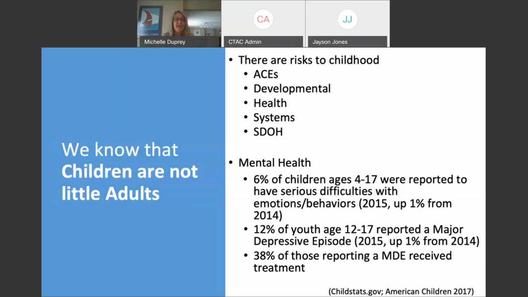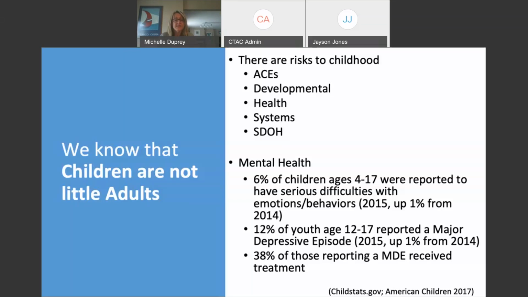A lot of times you think pediatrics and you're thinking of the 3, 4, 5, 6-year-old, but the youth in our communities have special developmental needs that need to be addressed in healthcare: sexual health, smoking, eating disorders, drinking. These are all aspects of health that we can't ignore, but that are specifically risks to that child.